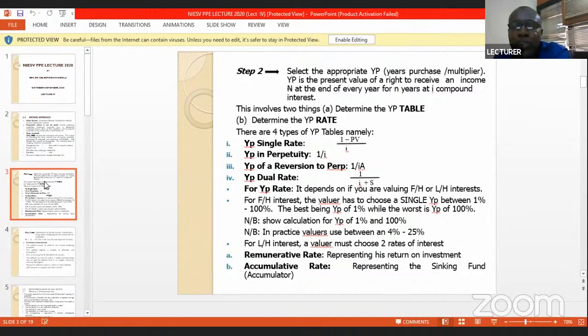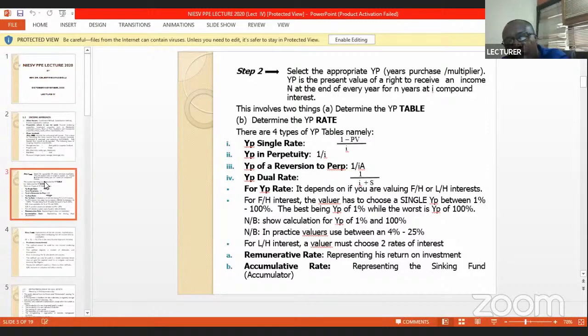So when you want to choose YP, you go closer to 1 if you want to get a higher value. You go closer to 100 when you want to get a lower value. But in practice, valuers use between YP of 4 and YP of 25.